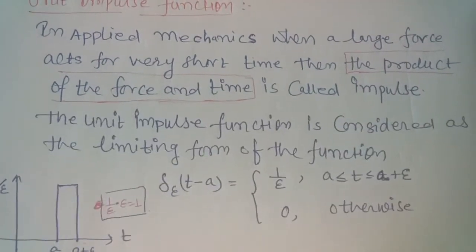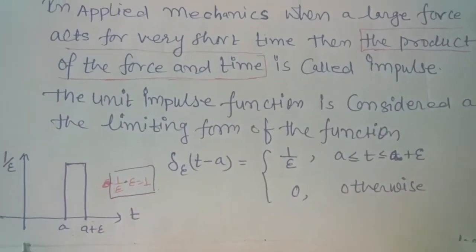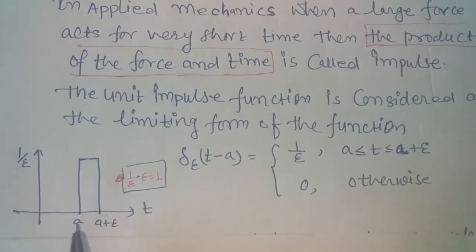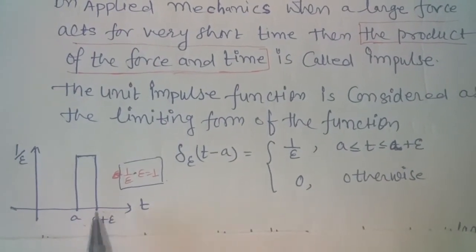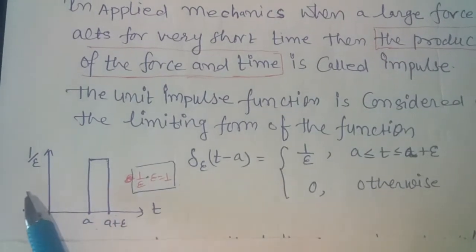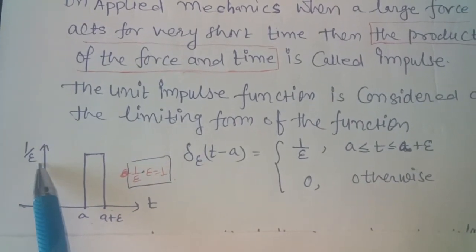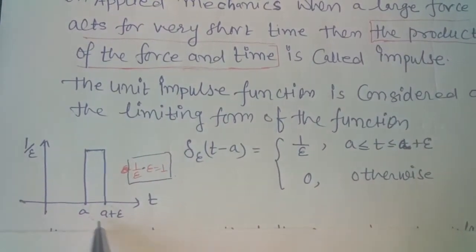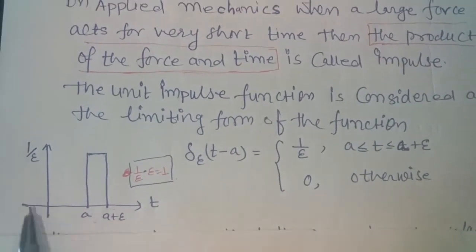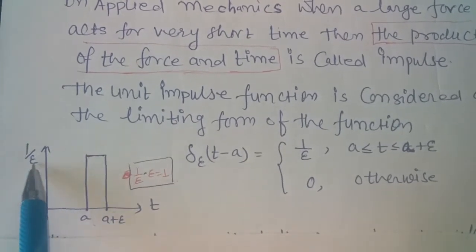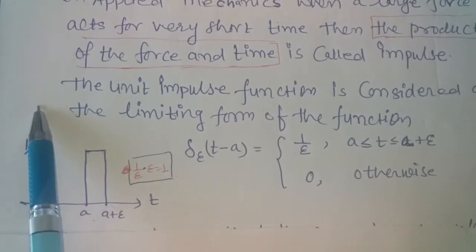Now look at this graph. On the time axis, we have a very short interval from a to a plus epsilon, and on the other axis we denote the amount of force by 1 upon epsilon. As epsilon tends to 0, this amount of force 1 upon epsilon tends to infinity.